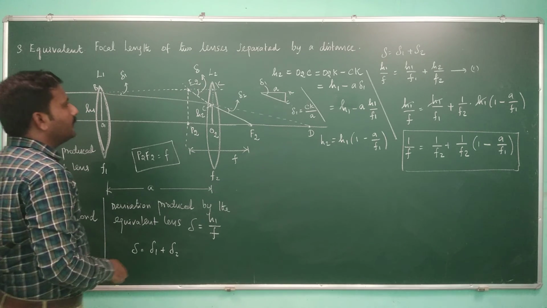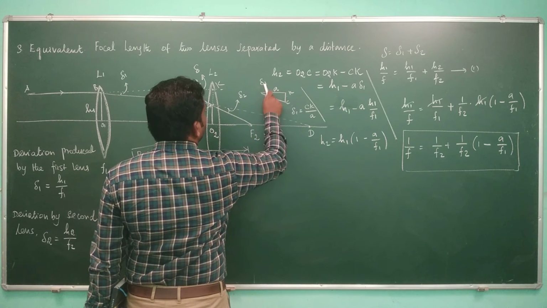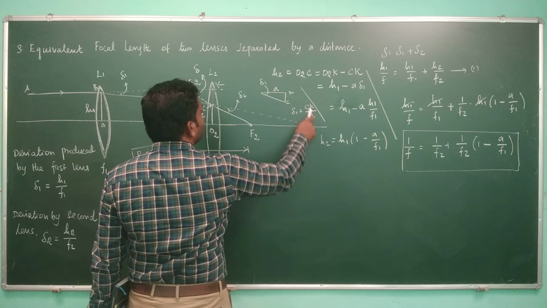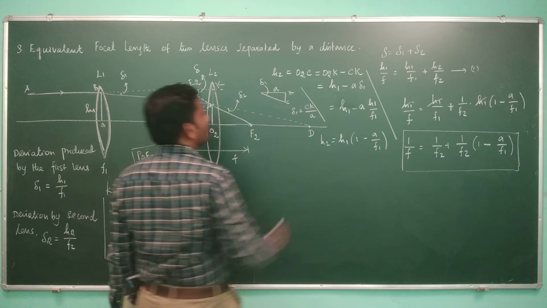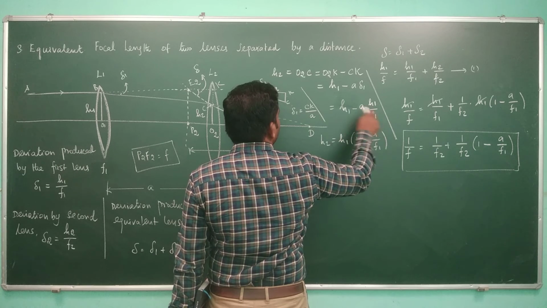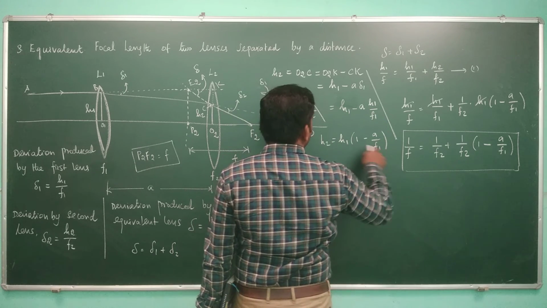So applying that, we are getting ck by a equals delta 1. If you write the equation for delta 1, you will write ck by a, but ck is unknown, so ck is a times delta 1. You are substituting at the point ck, and delta 1 is h1 by f1. We can take h1 common. We are having 1 minus a by f1 multiplied by h1.